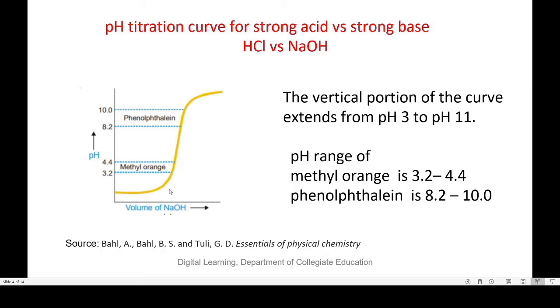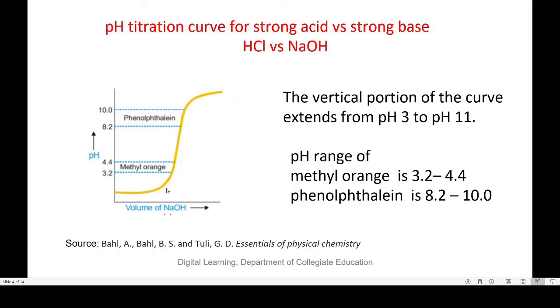Around the equivalence point a sharp rise in the pH is observed and the curve becomes vertical, and after the equivalence point again the pH rises very slowly and the curve becomes almost flat.